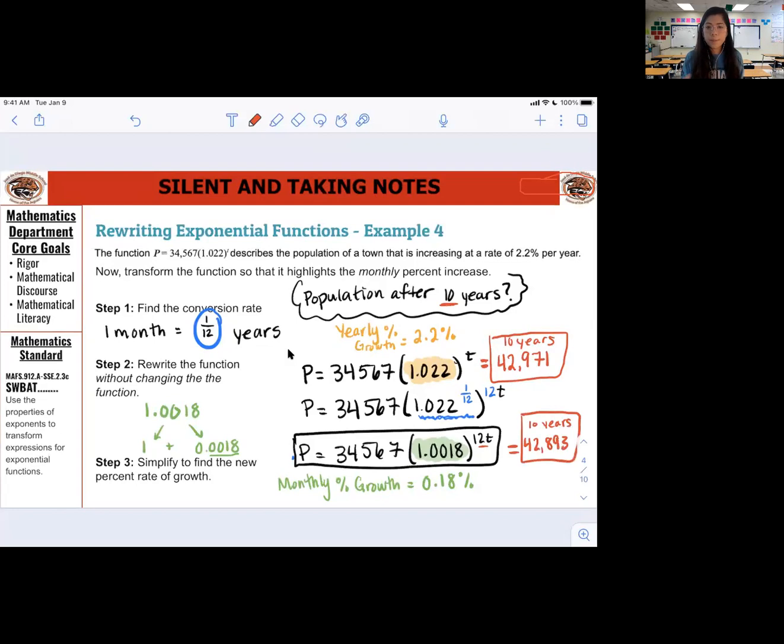It's not going to be perfect because those decimals inside the parentheses, we estimated them a little bit. Technically, it was 1.00182578. It was a much longer decimal to start with. So that's why we don't get a perfectly equal answer, but those two numbers are pretty close.